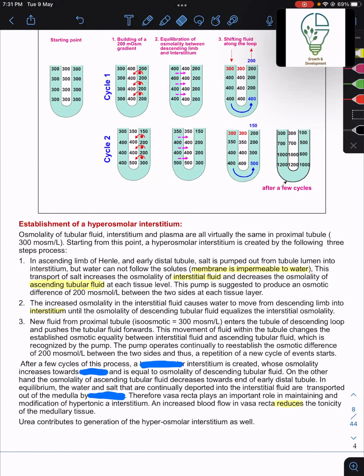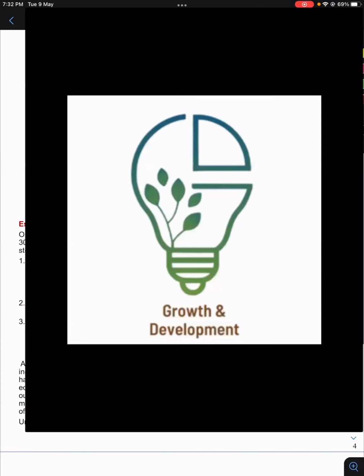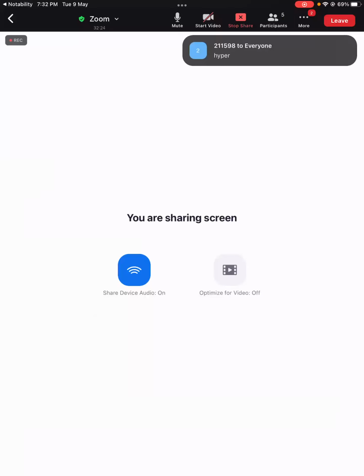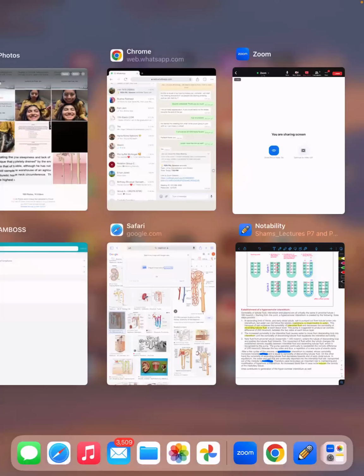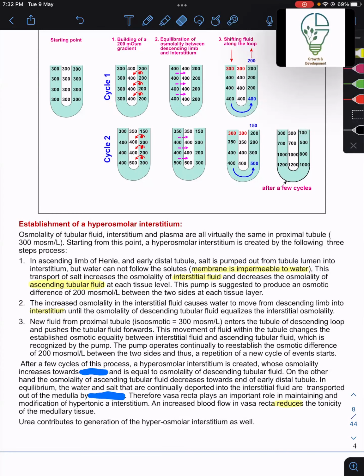Okay, then after a few cycles, a blank interstitium is created. Is it a hyperosmolar or hypoosmolar interstitium? Hyper, good. And then the second question is concentration or osmolality increases towards blank.